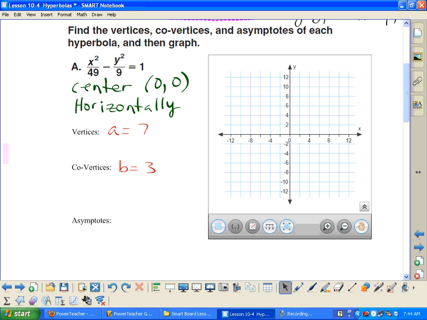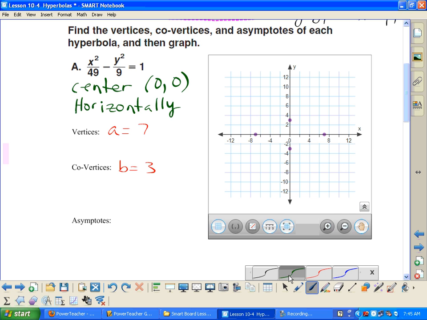So I'm going to go from the center. Since it opens horizontally, I'm going to go 7 to the left to negative 7, 7 to the right, positive 7. And then b is under the y, so I'm going to go up 3 and down 3.